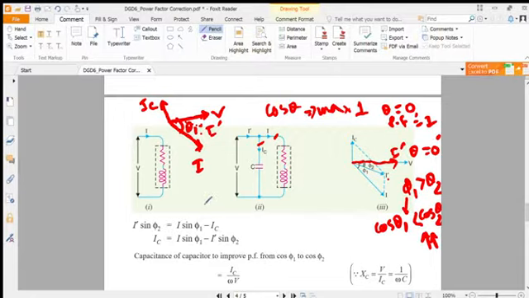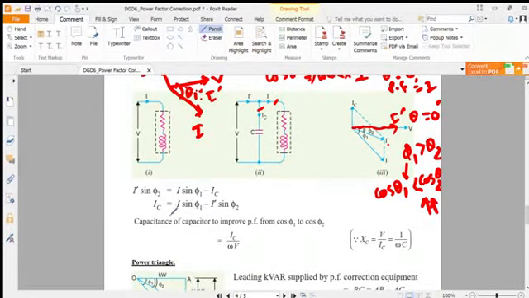And this is the current expression. Here is a triangle.